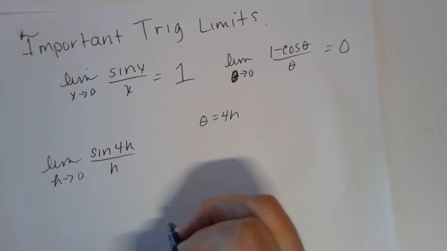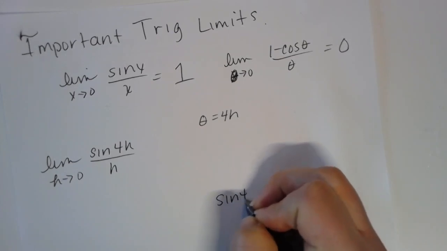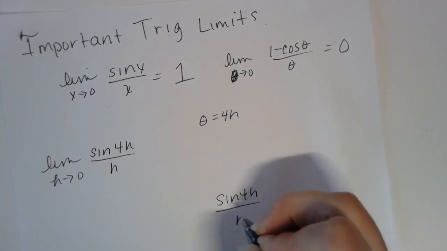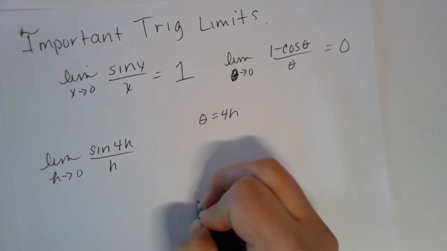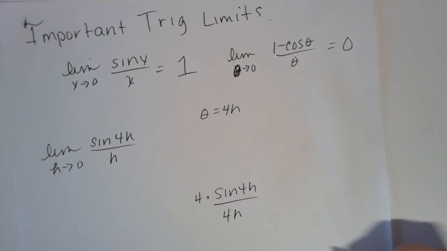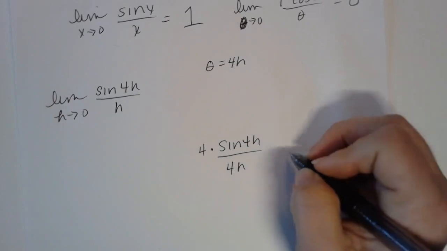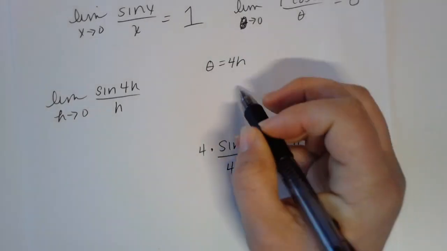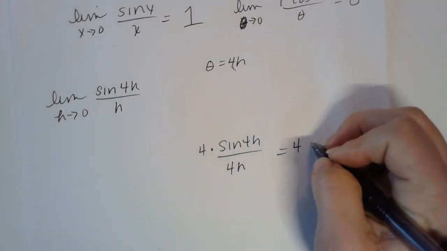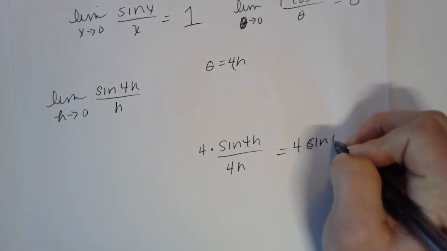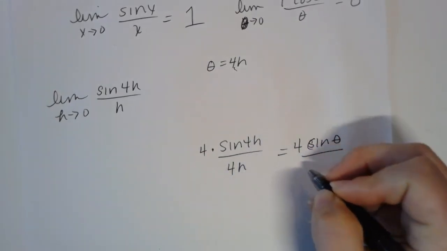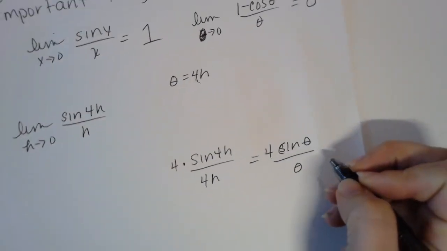Before I do the substitution, I'm going to take the sine of 4h over h and multiply it by 4 over 4, okay? And now I am going to switch this over. So I'm going to have 4, and now I'm going to do the substitution of the sine of theta over 4h, which is still theta, okay?